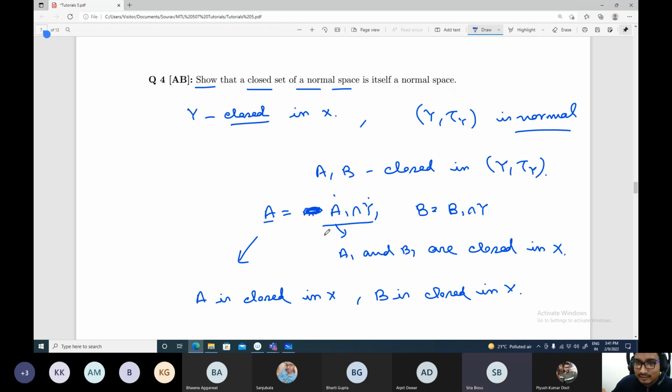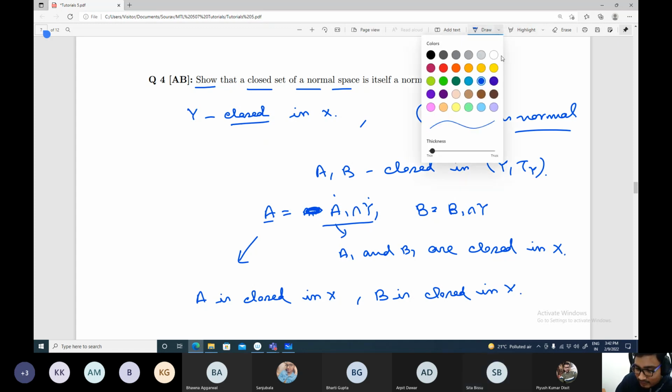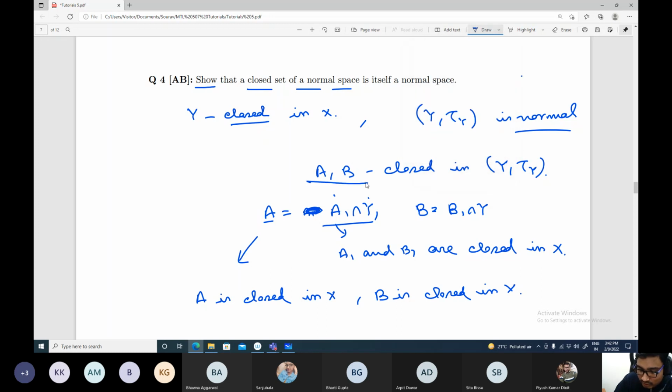Sir, if A1 and B1 are disjoint, then the statement will be true. Yes. So we have to start with two disjoint sets, not only closed. Say closed in Y with A intersection B equal to empty.